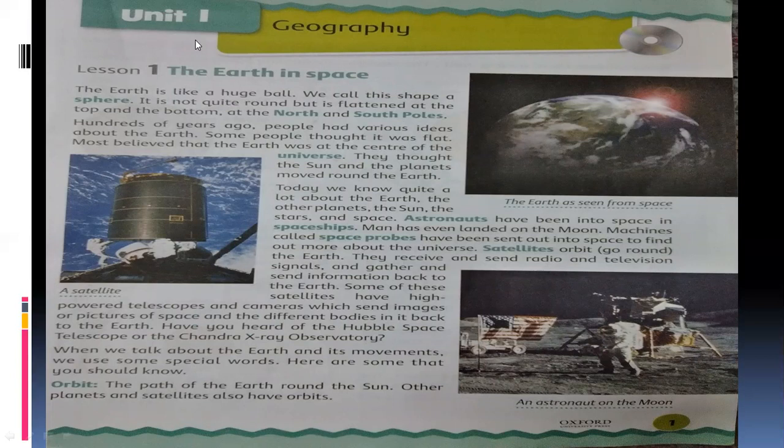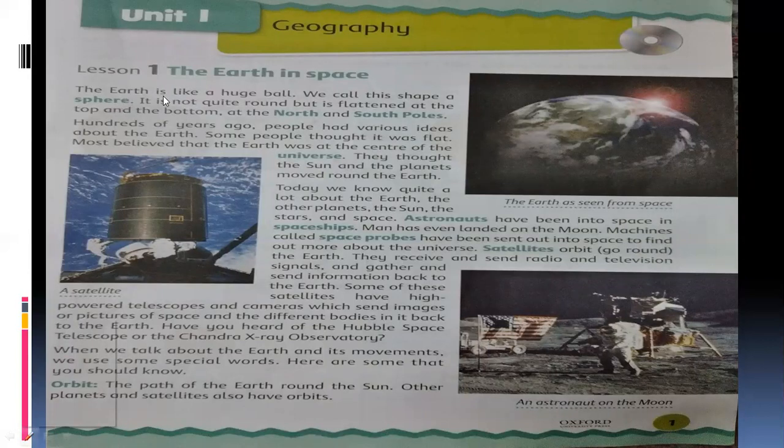Open your book at page 1. There is unit number 1 on your book, geography. Geo means earth and graphy means landscape, whatever is on the surface of the earth and around it and above. We are going to start our first lesson, the earth in space.